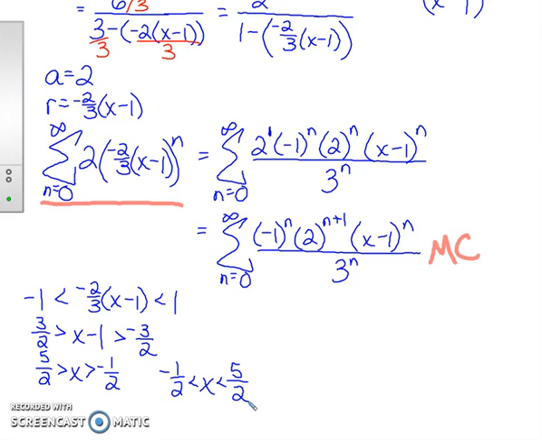You may be starting to figure out that the endpoints on these power series are never going to work because they're going to give you an r exactly equal to 1, which we can't have. So there's really no need to continue to check them if you recognize that. So there's your interval of convergence, negative 1/2 to 5/2. And that wraps up the first portion of power series.